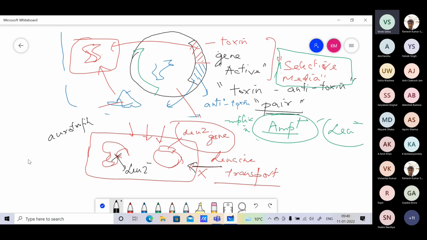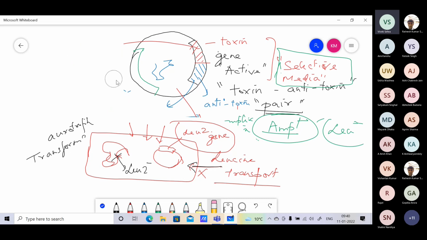So when will you transform the cell? You want to transform the cell, right? You want to take this plasmid here. Think about it. You understand the problem here? I'll let you think about it. Why do you want a plasmid inside the cell?